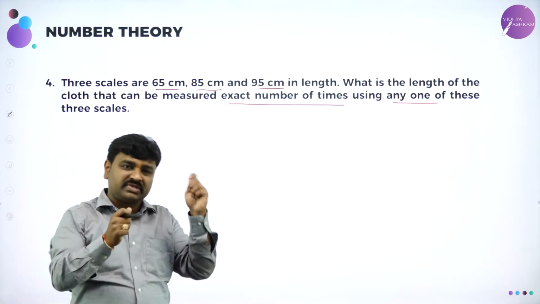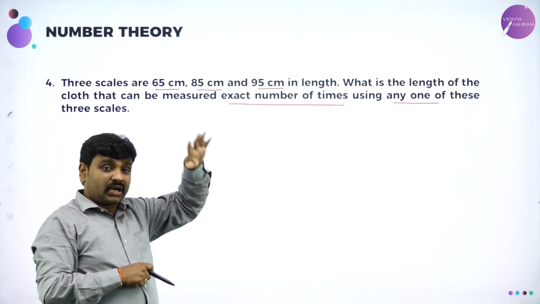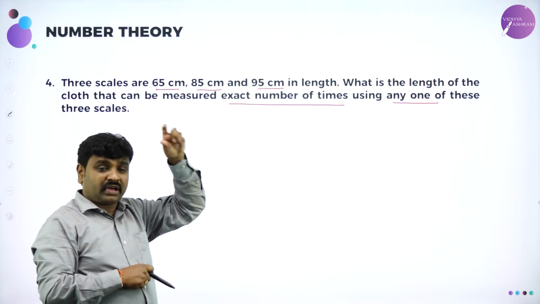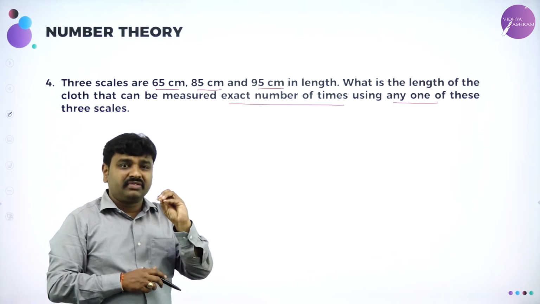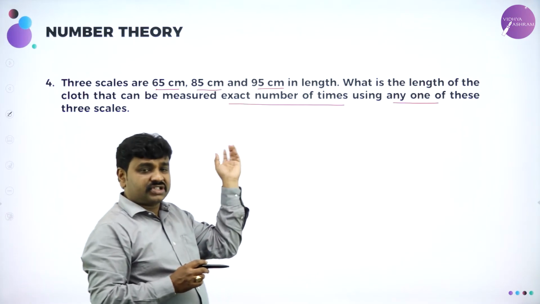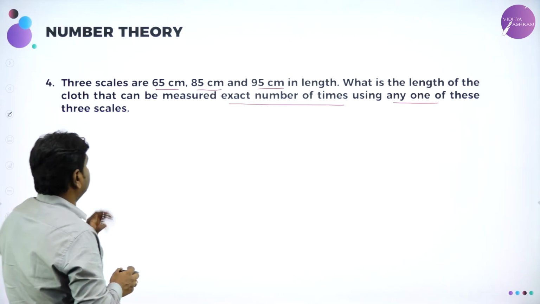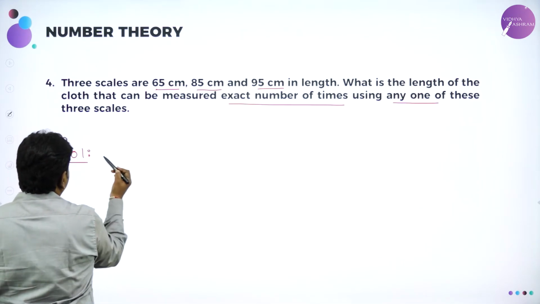Exactly measured means 2 times, 3 times, like that. Exactly measured means you have to find a multiple, or you have to find a number which is divisible by all. Simple, find LCM. LCM gives you the scale which measures exactly all 3. So now the solution starts with finding LCM.